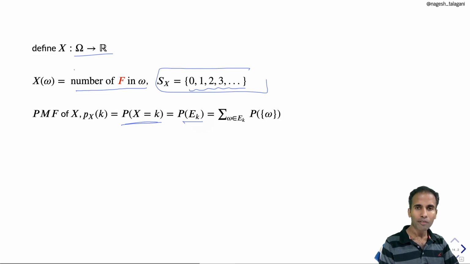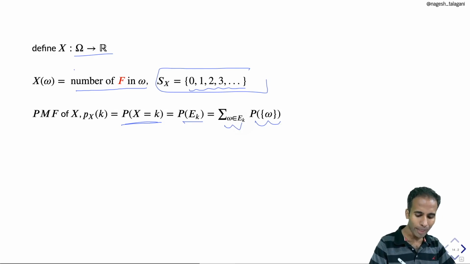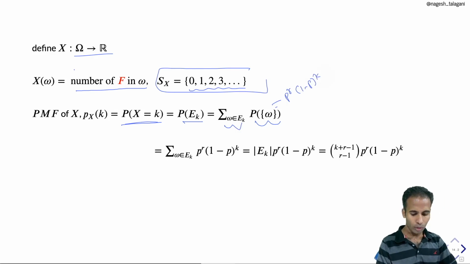The probability of Ek we can write as the sum of the probabilities of singleton omega, where omega runs over Ek. And we know that for every omega belonging to Ek, the probability of the singleton omega is p power r times 1 minus p power k. So we are adding p power r times 1 minus p power k, number of elements in Ek times.